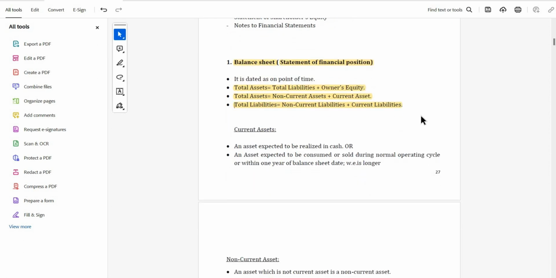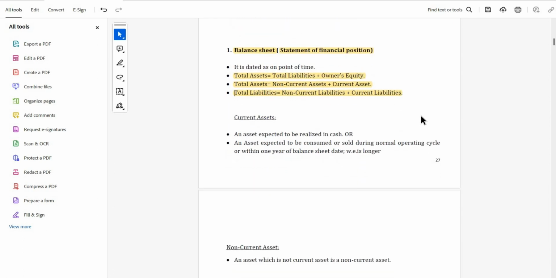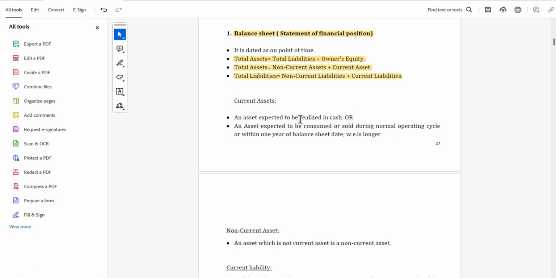What do you mean by current asset? Now this is very basic, but I still wrote this in my lectures because I clear the basic concept first and then move to the in-depth knowledge. What is current asset? Current asset can be derived in two ways.